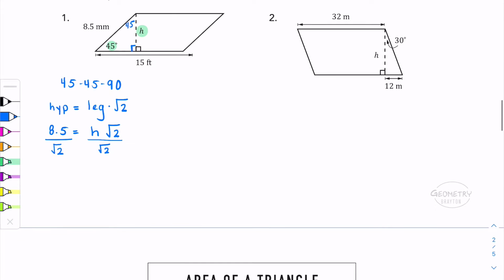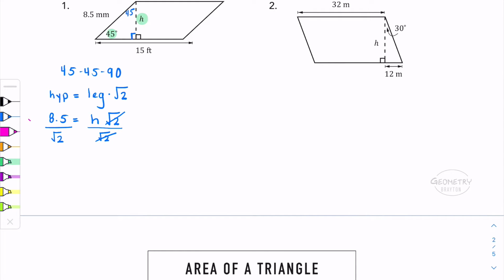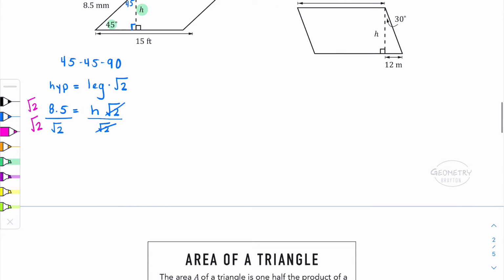However, when I divide by the square root of 2, I eliminate it on the right. On the left side, I'm going to have to rationalize. Hopefully you remember doing this from earlier in the year. This gives me a value of 8.5 times the square root of 2 over what would be the square root of 4, and that simplifies to 2. This is your h value.